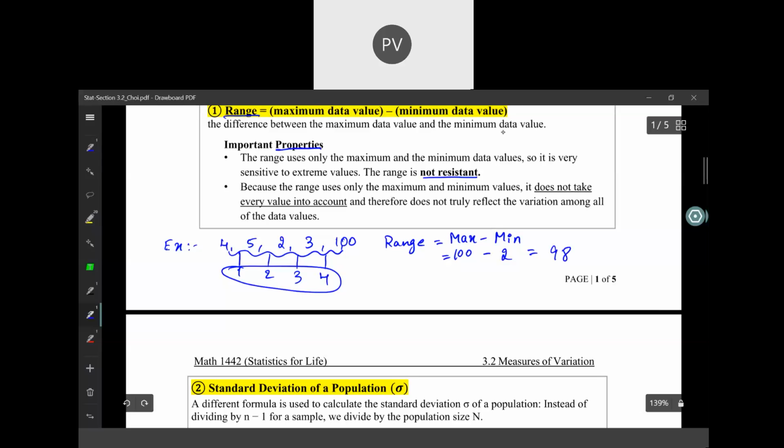Do we have 98 numbers in this range? No, right? So this is a wrong answer. In the presence of an outlier, or say an extreme value, the range varies, and that's why it is not resistant. That's one property of range.